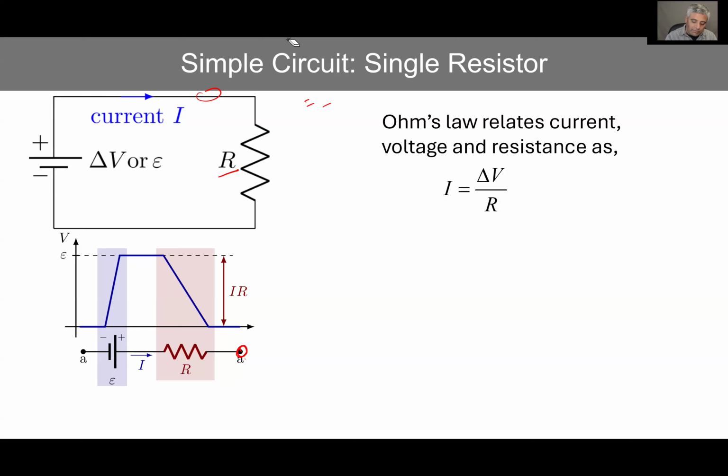So whatever the potential is at the positive terminal of the battery, let's say 9 volts, then everywhere up to this end it's going to be 9 volts. And on this side, usually at the negative terminal, we take 0 unless it is said otherwise, like negative 2.5 or something. So it is 0 all the way up to here.